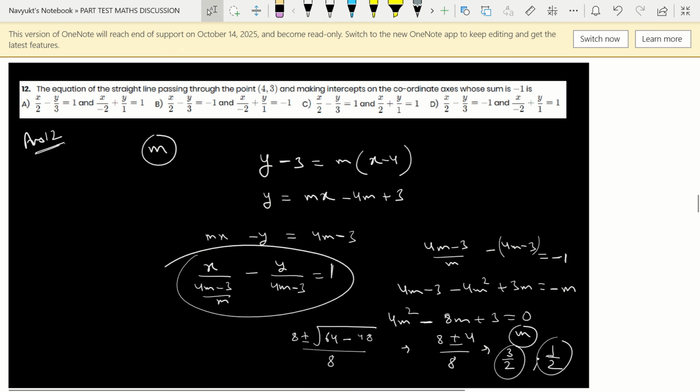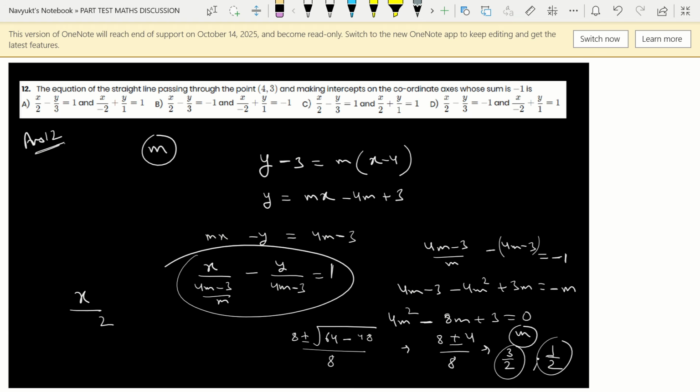We'll get two outputs. So let's see what outputs we'll get. X upon this 3 by 2. This is 2, 6. X upon 3 is 3 upon 3 by 2. This cuts, so this gets 2 only, right?